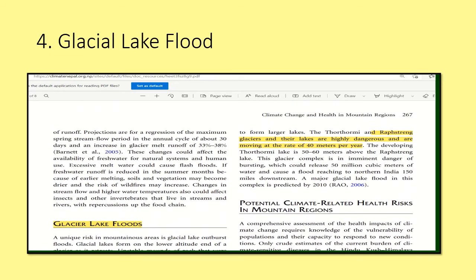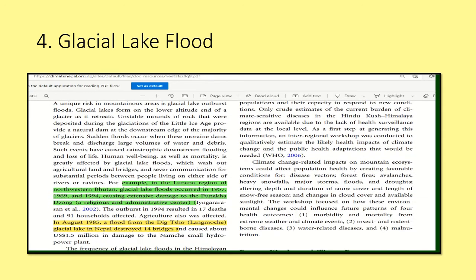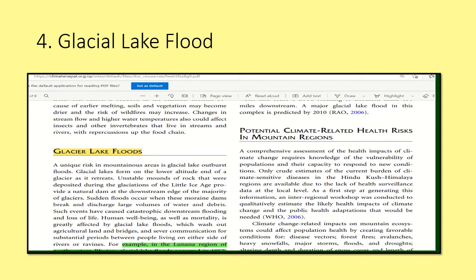And even in Nepal, Bhutan, even in India, glacial lake floods are increasing very frequently, and this increases the trend of glacial lake floods, which has a negative effect on ecology and is also responsible for loss of life and property.